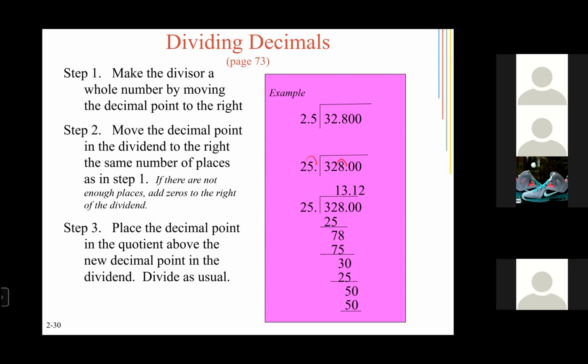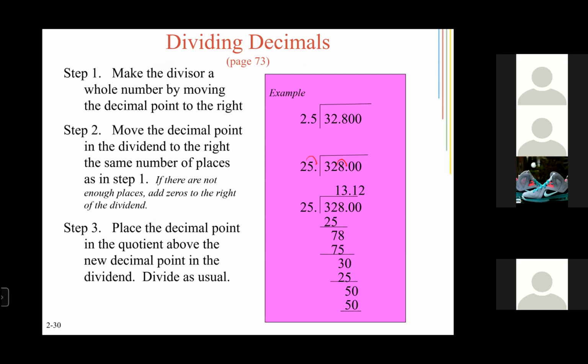Now it's easy. Most people can see right away that 25 goes into 32 once. And once you know that's once, then you multiply one time, so you get 25. 25 from 32 is 7. You bring the 8 down, you continue your division. But when you're trying to divide 2.5 into 32.8, it's not as clear to work that out mentally.